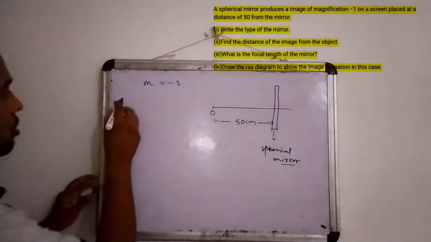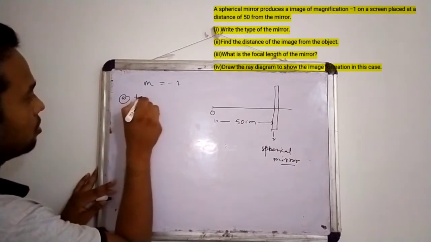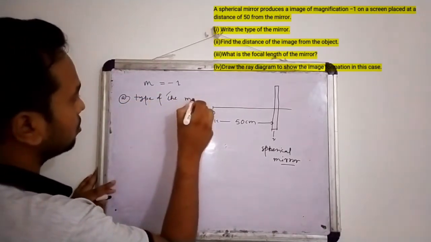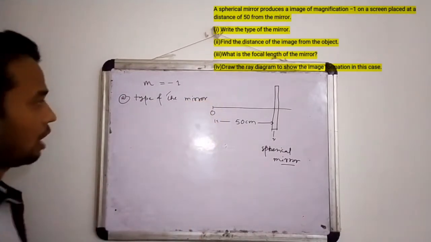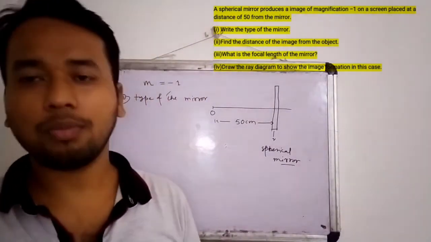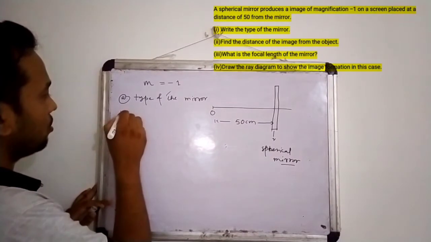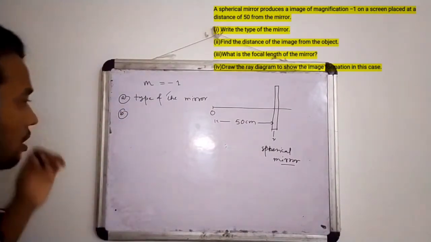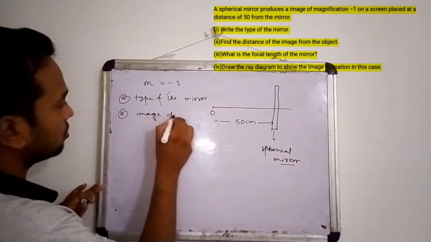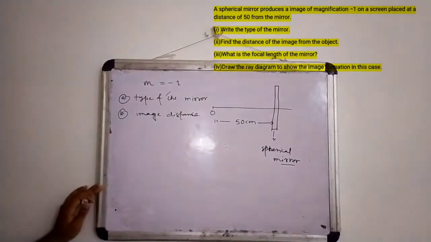Now here we need to find the type of the mirror. Type of the mirror means whether it is a plane mirror or concave mirror or convex mirror. Second question is, what is the image distance? Image distance will be how much?